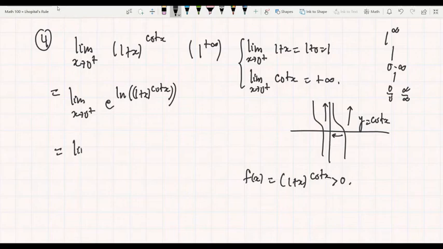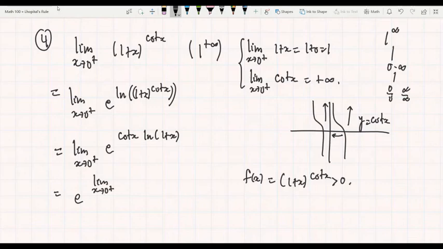So we have the limit as x goes to 0 plus. Again, we can put down the exponent, so we have e to the cotangent x ln of 1 plus x. Again, by the continuity of the exponential, the limit can go up. So we have e to the limit as x goes to 0 plus of cotangent x times ln of 1 plus x.